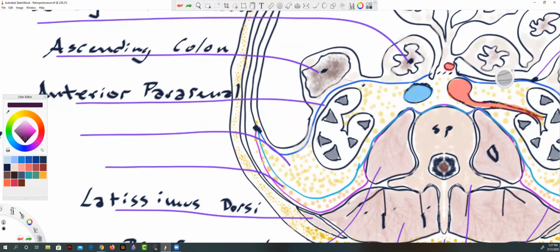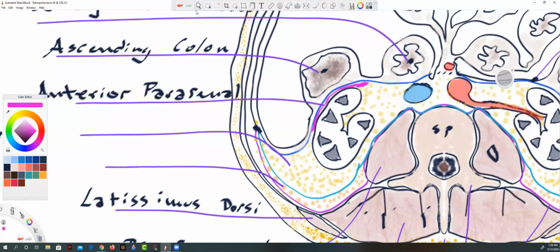I choose the color, but it doesn't really choose it. There we go, now we got it. Anterior pararenal space is bordered anteriorly, so anything over here up is anterior, by the posterior parietal peritoneum.